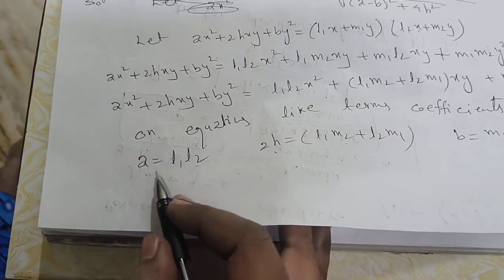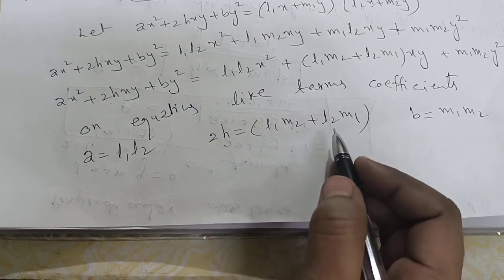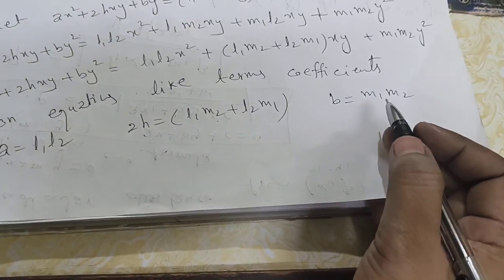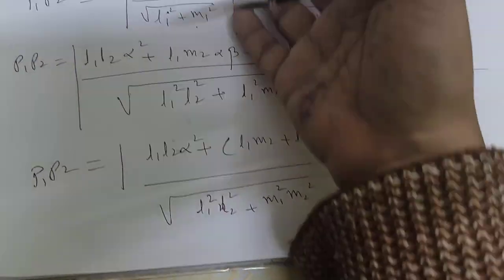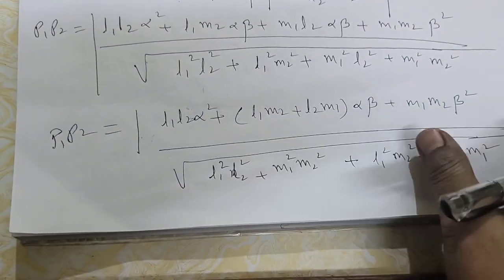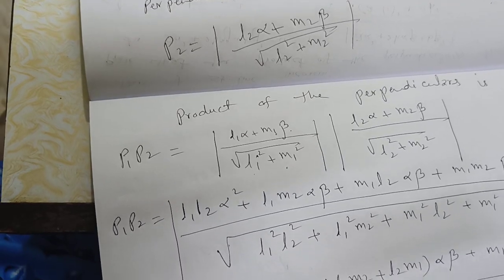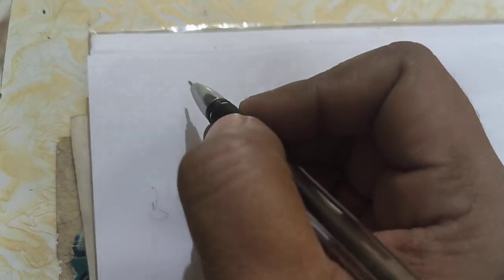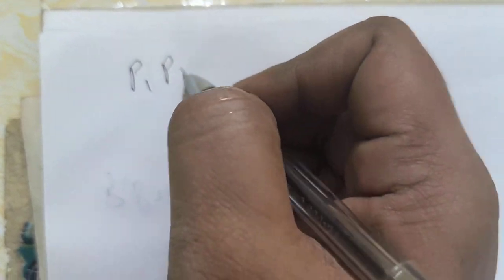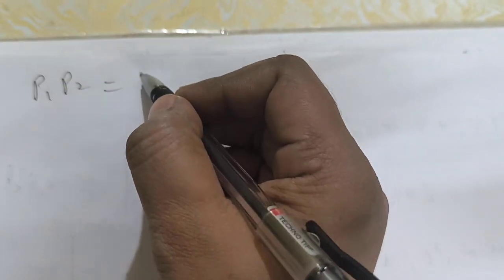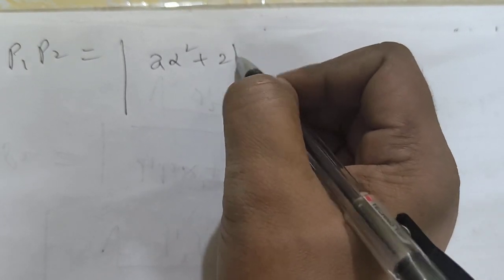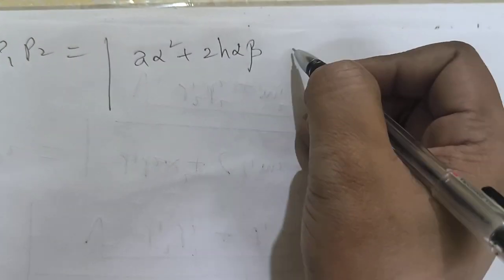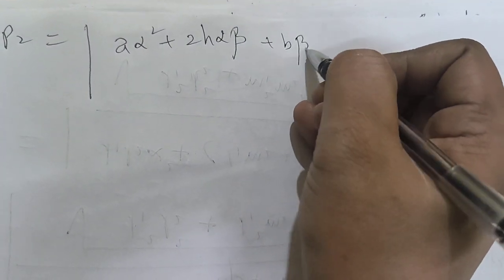Now just now we got this value. l1 l2 is A, l1 m2 plus l2 m1 is 2H, m1 m2 is B. So these A, 2H and B we will substitute here. P1 P2 is equal to, it becomes A alpha square plus 2H alpha beta plus B beta square.